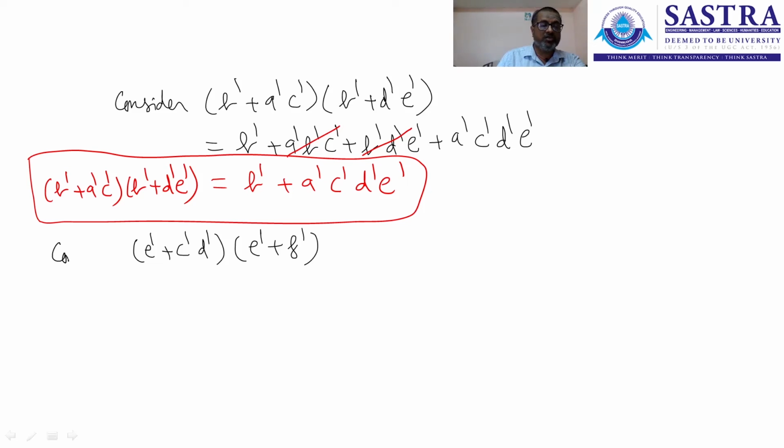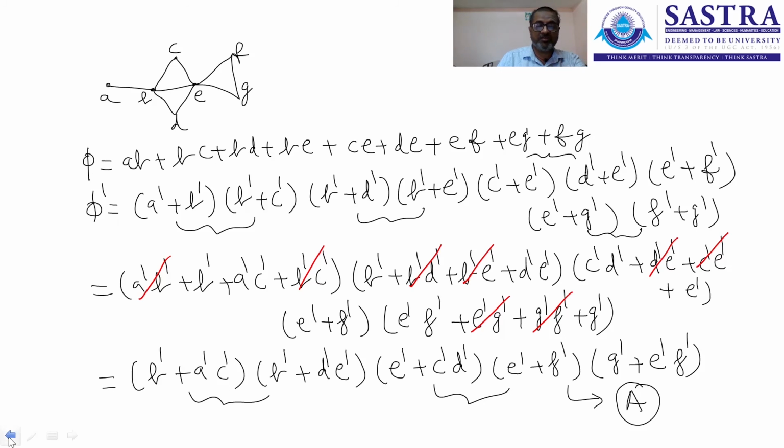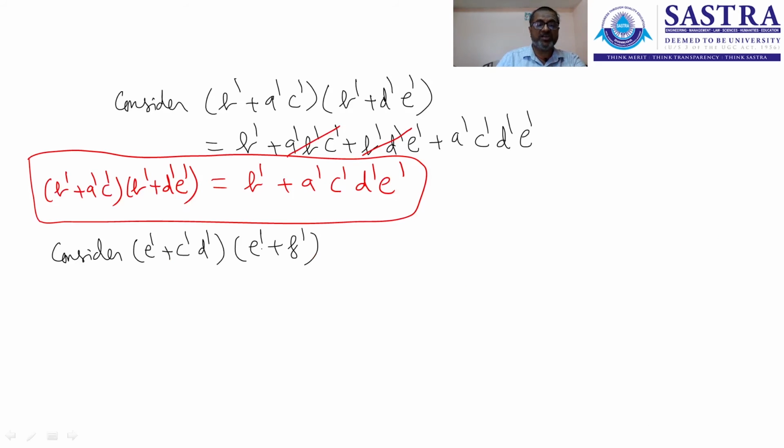Now what I do is I consider this. Let me check whether I have written it right: (E' + C'D')(E' + F'). Now let me multiply this. I'll have E' + E'C'D' + E'F' + F'C'D'.